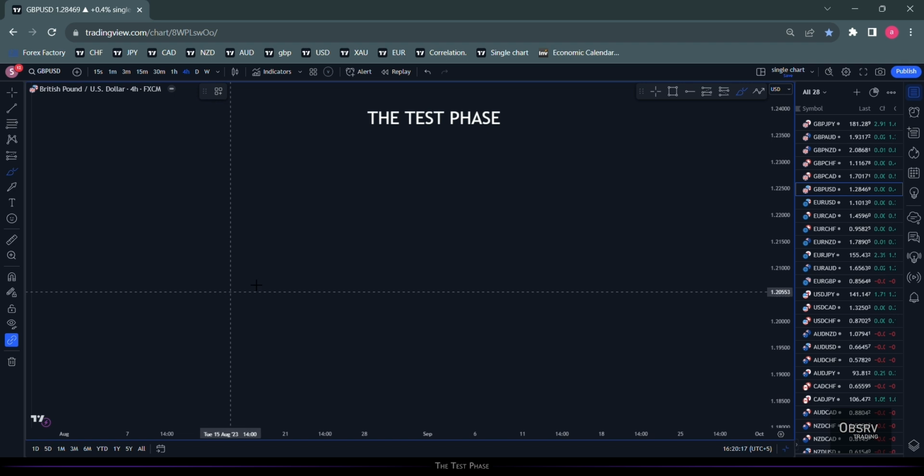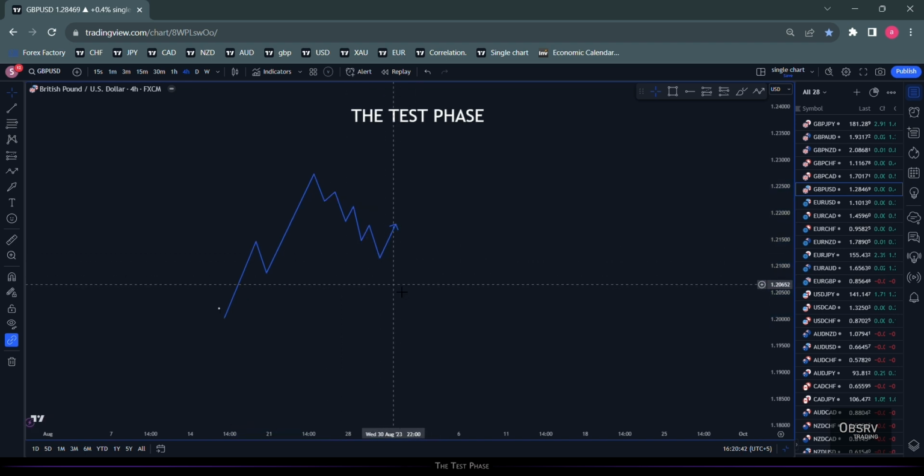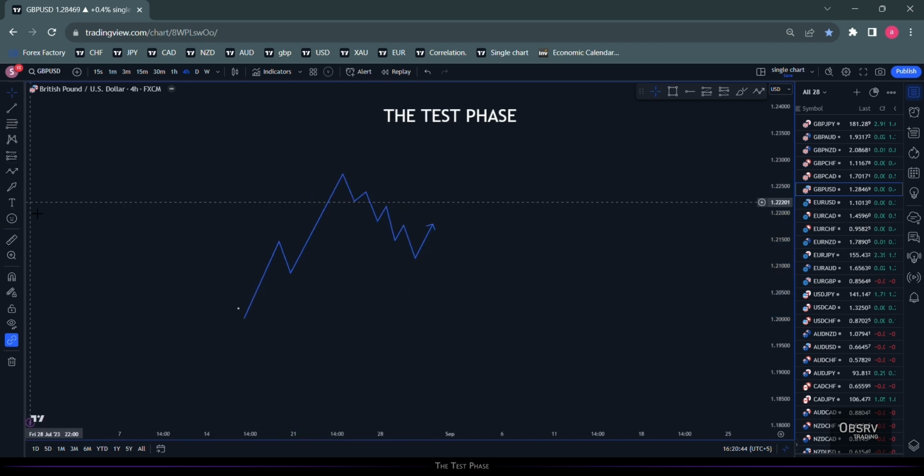So, let's begin here. Now, let's talk about an uptrend. The market is making higher highs and higher lows, and then it starts to pull back. It's pulling back on your trading time frame and comes to an area of interest. The possibility of your higher time frame coming back.